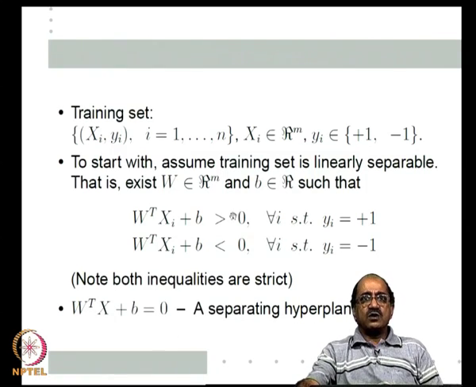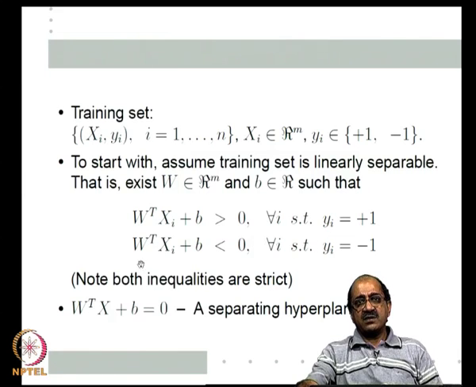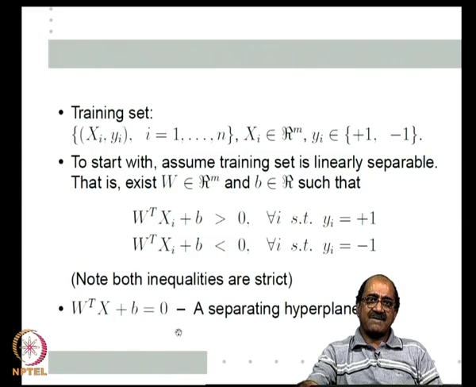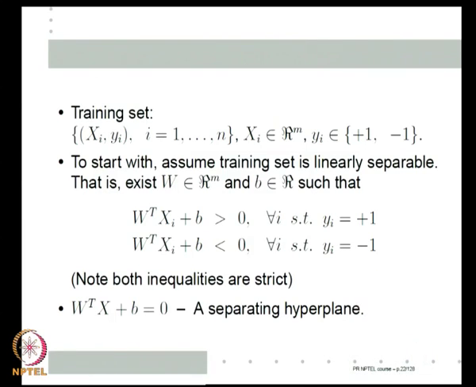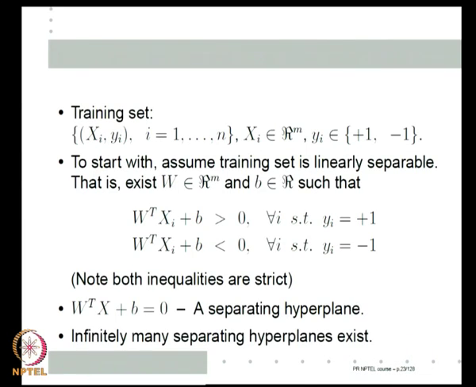Now, of course, we have already seen when we considered the perceptron that such a thing is called a separating hyperplane. So, w transpose x plus b equal to 0 is the equation for a separating hyperplane. As we saw when we discussed the perceptron, if the training data is linearly separable, then there are infinitely many separating hyperplanes.